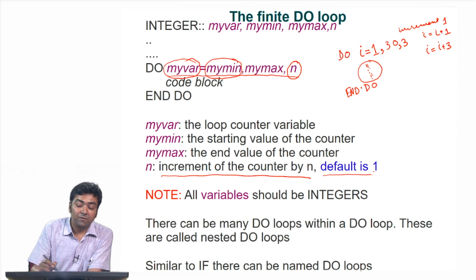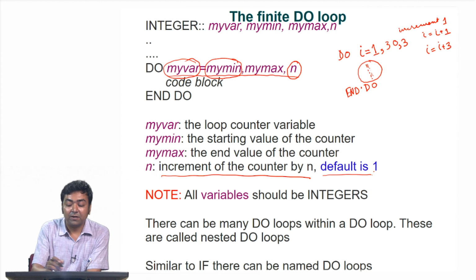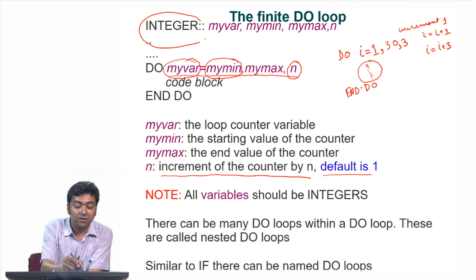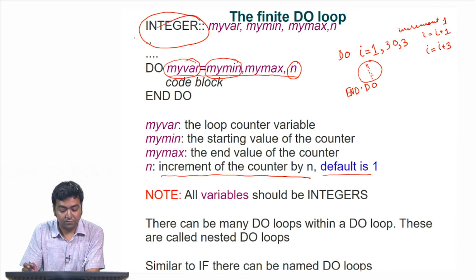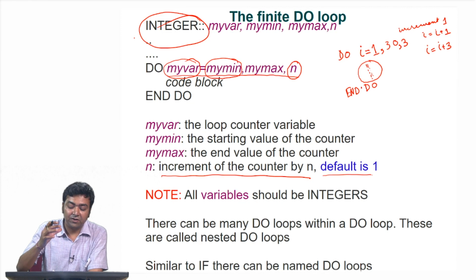Another thing we should keep in mind is that all these four variables which you are using, that is the counter, the minimum value of the counter, the maximum value of the counter, and the increment, should all be integer numbers. And similar to the if block, you can have many do loops nested one inside the other.